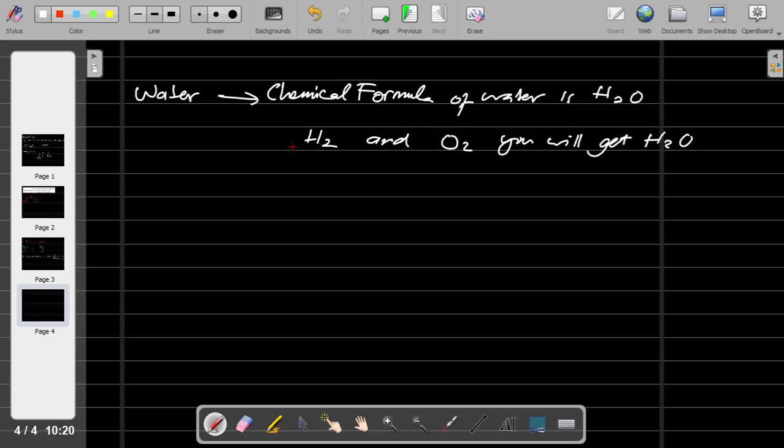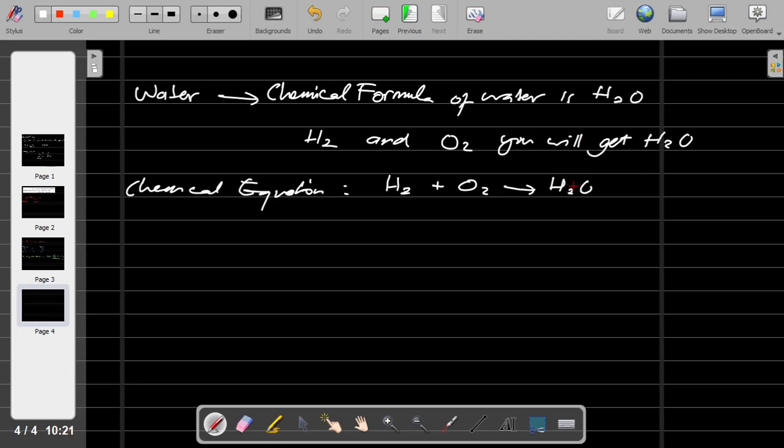Now we can make the chemical equation. Firstly we have to write down the reactants. We have H2 plus O2, then it will produce H2O. Now the question is, is this a finished or unfinished equation?